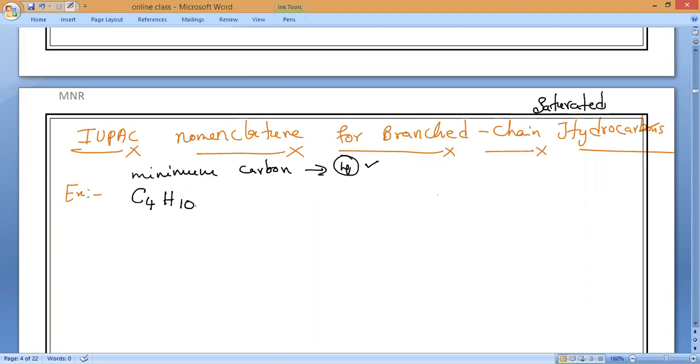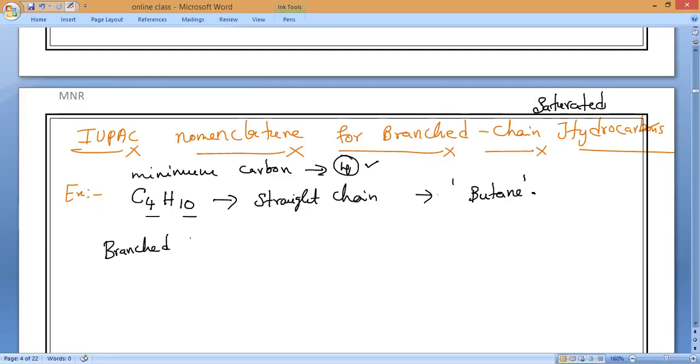Now, as we know, for C4H10 the straight chain is N-butane, named butane. From here, we will get a branched chain, so we will now name the branched chain structure of C4H10. The branched chain saturated hydrocarbon also has 4 carbons.